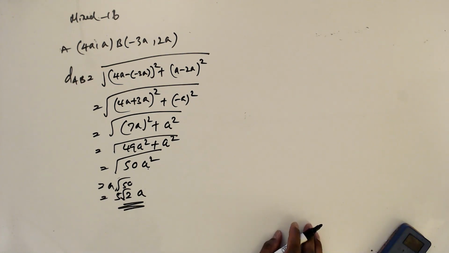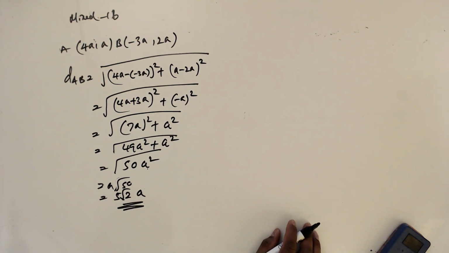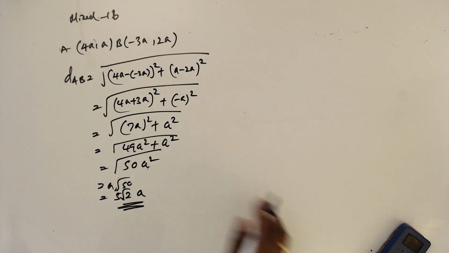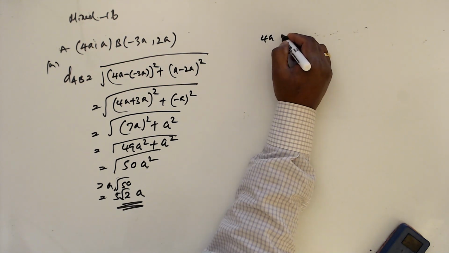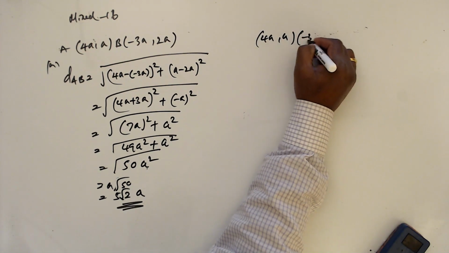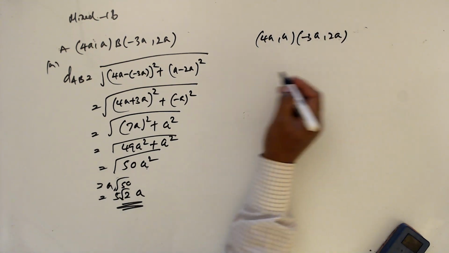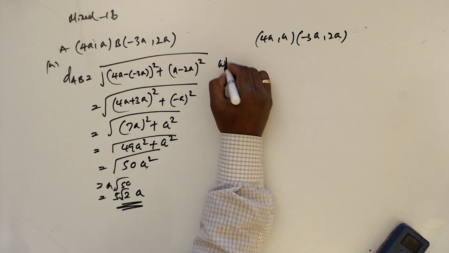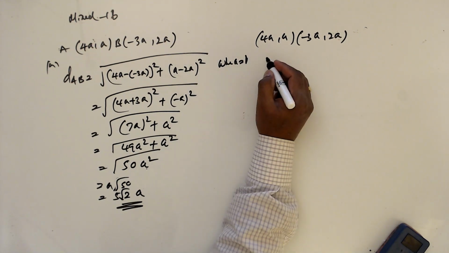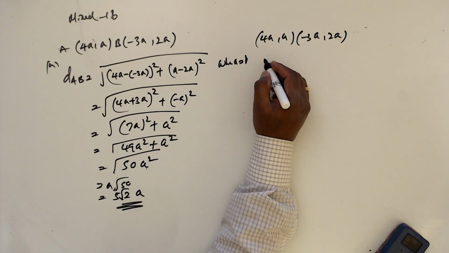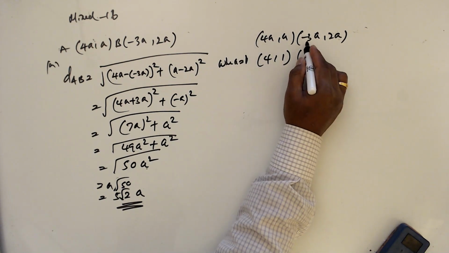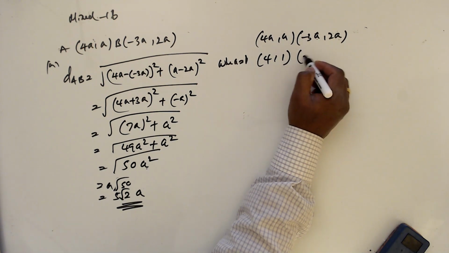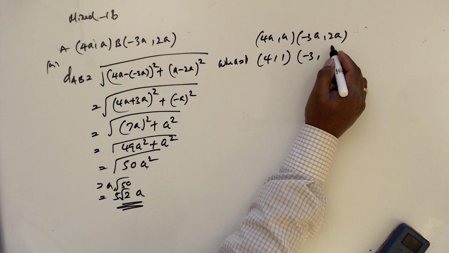Now they use the word hence. So we want to find part B, hence. This is A. What is the point? 4a, a, and minus 3a, 2a. Now, when a equals 1, you can get the first point. That is 4 times 1, 1. This is 1. This is minus 3 times 1, minus 3. And this is going to be 2.